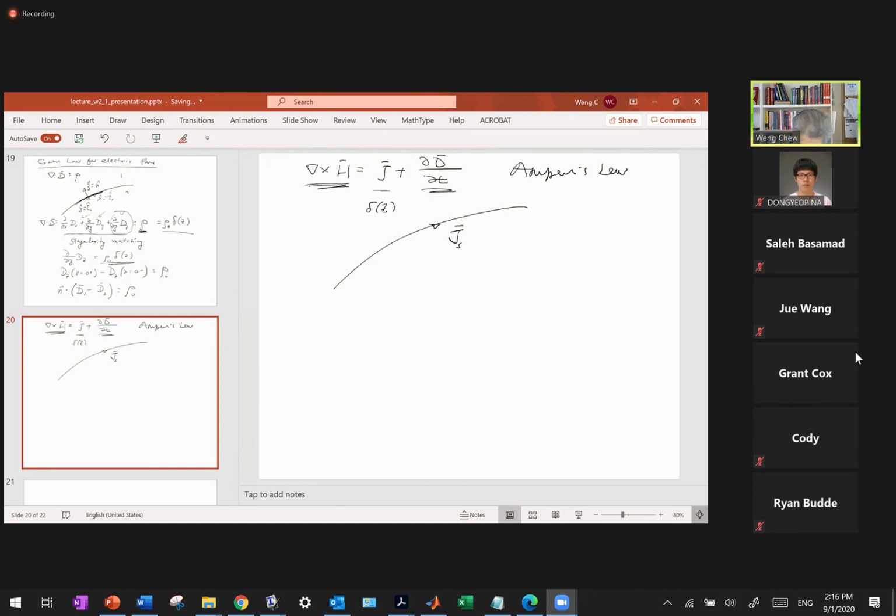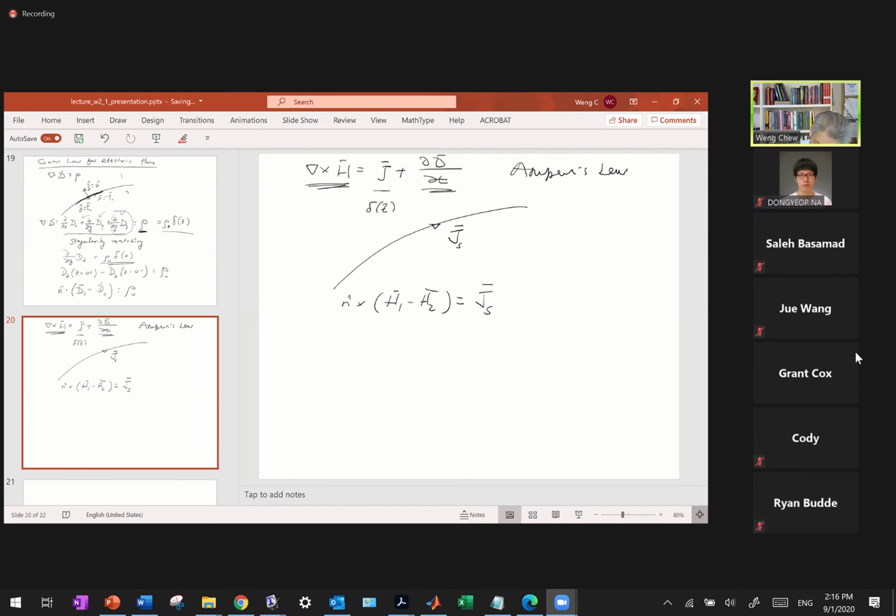You can write that out in full, and then you would be able to show that n cross H1 minus H2, by matching the jump condition, is equal to J sub S.